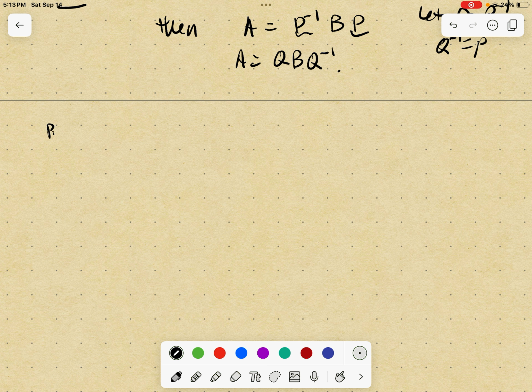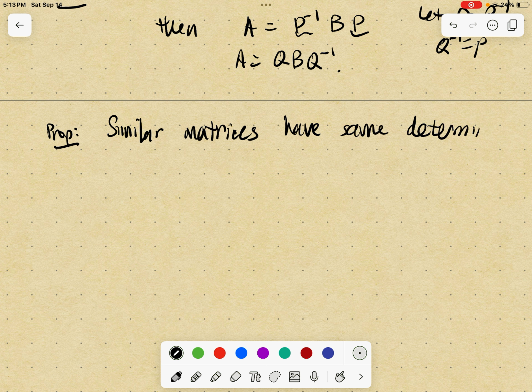Okay, so the first statement is that similar matrices must have the same determinant.